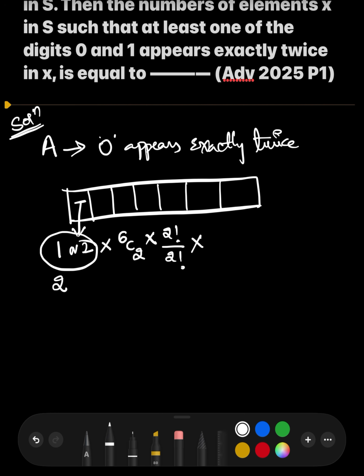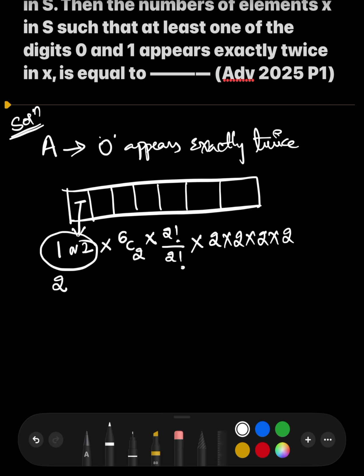In those 4 blanks, each can be filled with either 1 or 2, but not 0, because 0 appears exactly twice and that arrangement is done. So the first blank can be filled in 2 ways, the second blank 1 or 2, the third blank also 1 or 2, and the fourth blank also 1 or 2.